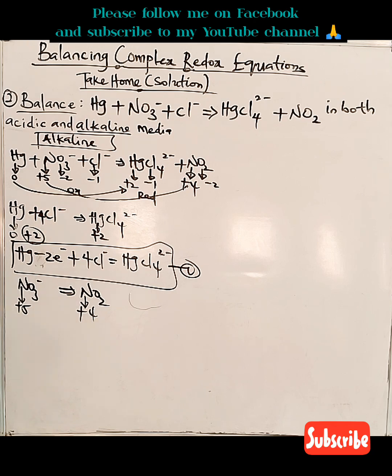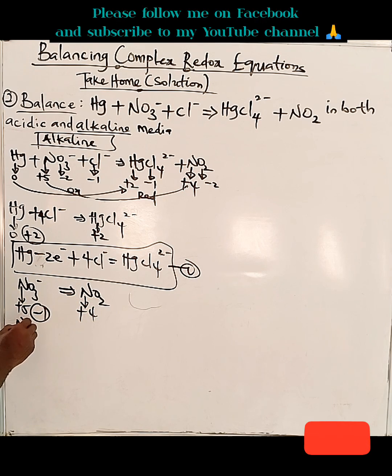How did we arrive at this? Minus 1 was attached, so 1 was subtracted from this 5 to give us plus 4. When you look at the atoms of nitrogen here, they are both balanced: 1 atom of nitrogen, 3 atoms of oxygen here, and 2 atoms of oxygen here. The oxygen is what complicates this whole reaction.